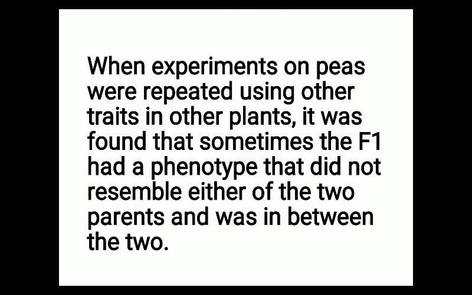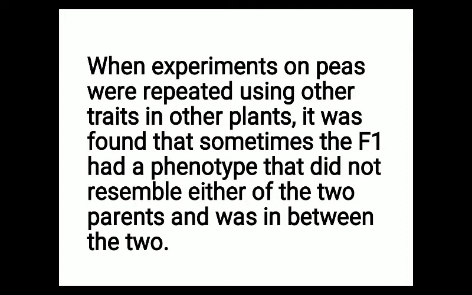But in case of incomplete dominance, when experiments on peas were repeated using other traits in other plants, it was found that sometimes the F1 had a phenotype that did not resemble either of the two parents and was in between the two, and this is actually incomplete dominance.